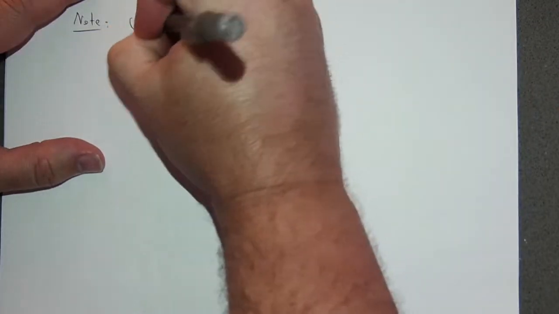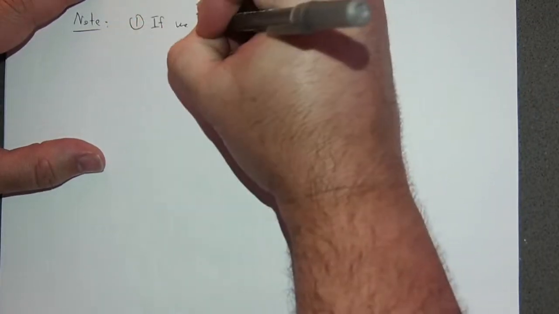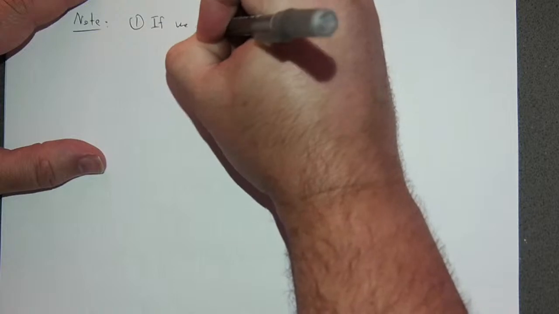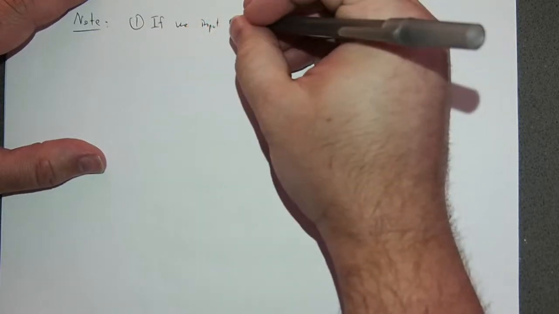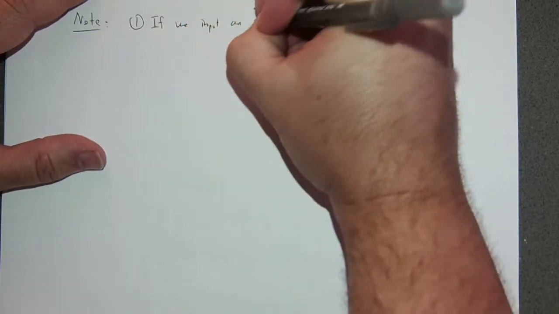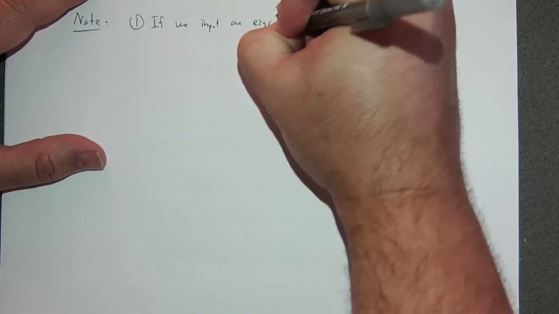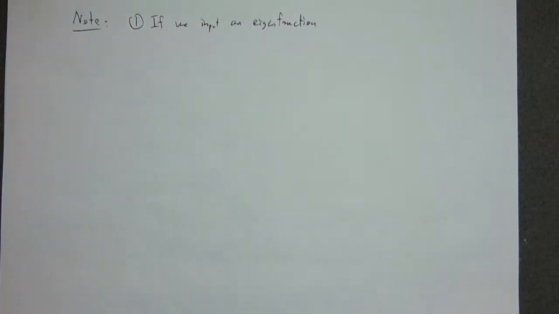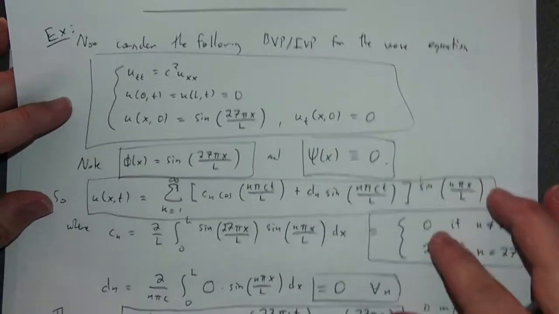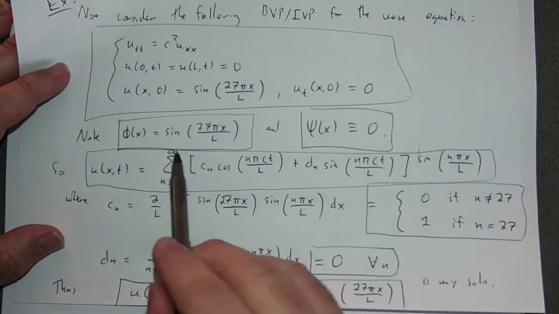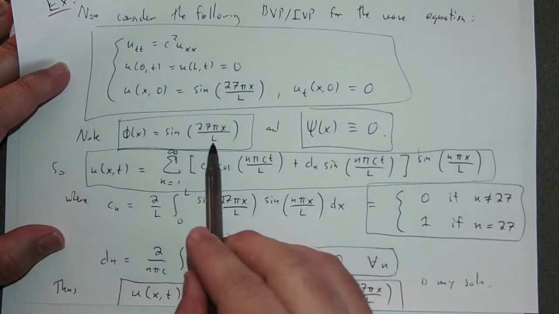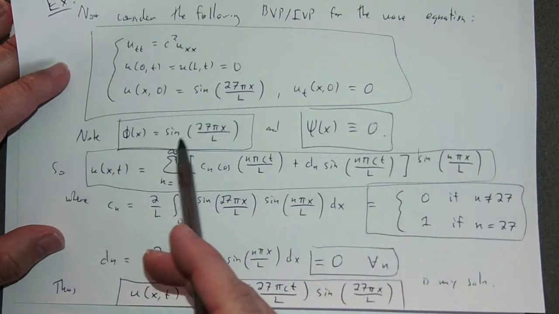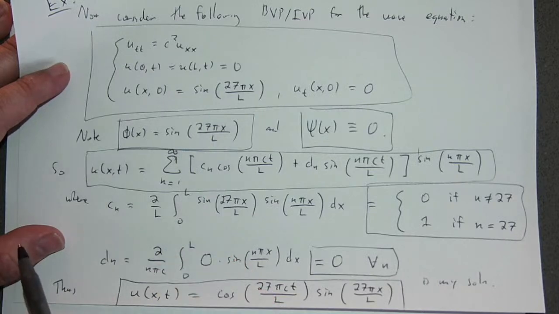Note a couple of things. So one, if we input an eigenfunction, of course we had a specific eigenfunction here, but returning to this, what if instead of sine of 27 pi x over L, I had picked sine of 37 pi x over L?